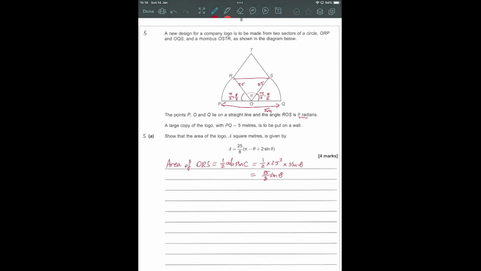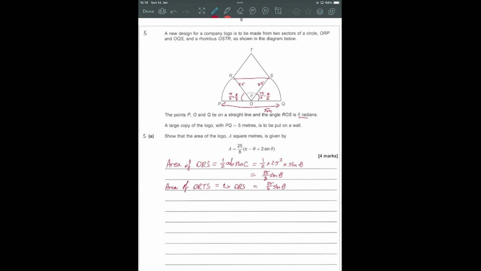So the area of TRS is also going to be the same. So the area of the rhombus, which is ORTS, is 2 lots of the ORS area. So that's 25 over 4 sine theta. So that's the rhombus done.